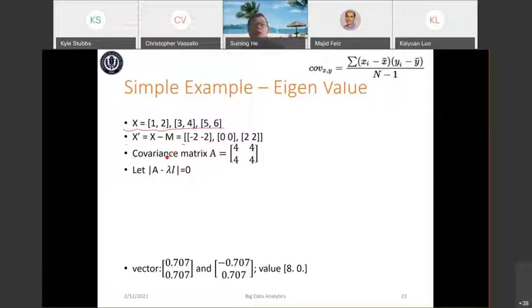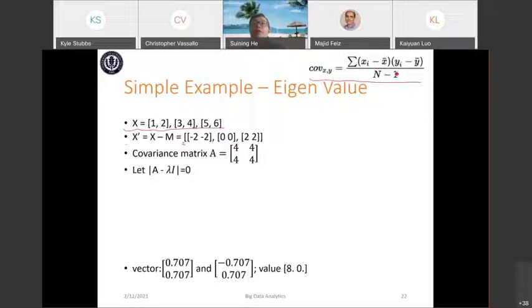And then we calculate the corresponding covariance matrix A for the entire data set. So we can use the following covariance formula. For each dimension, we calculate the corresponding mean, and we take the values minus the mean, use the product, and divide by the number of data points.